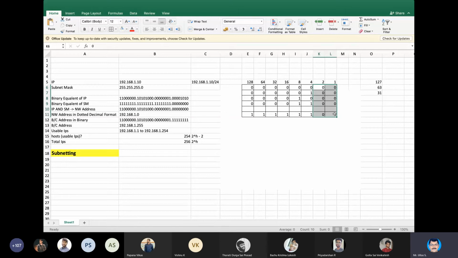So those are the network addresses. These 2 bits I have given for host computers, right? Now, when the host bits are 0, that represents the network address.